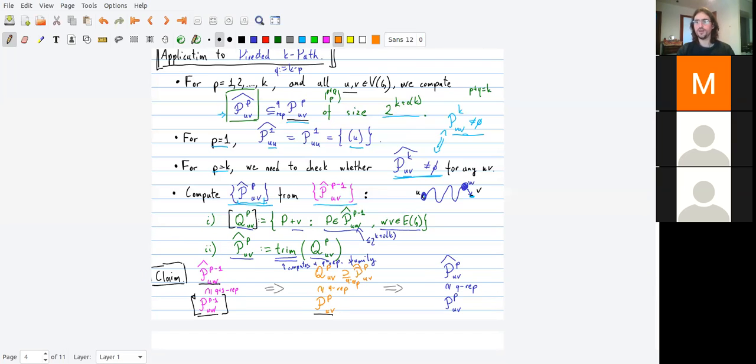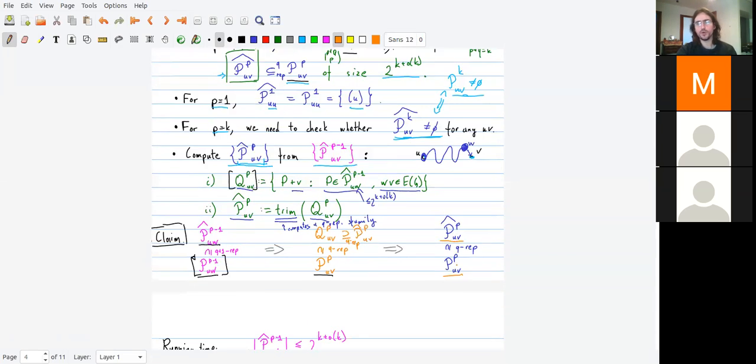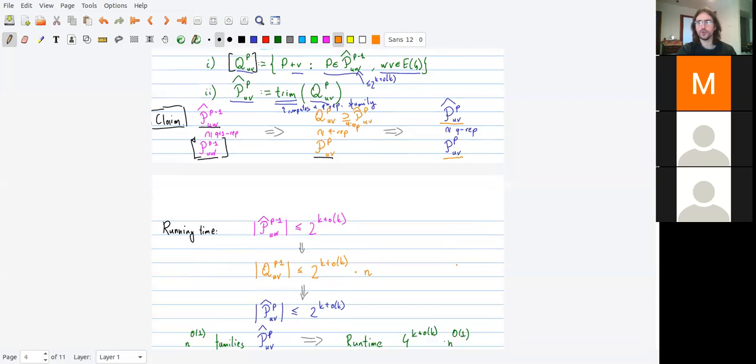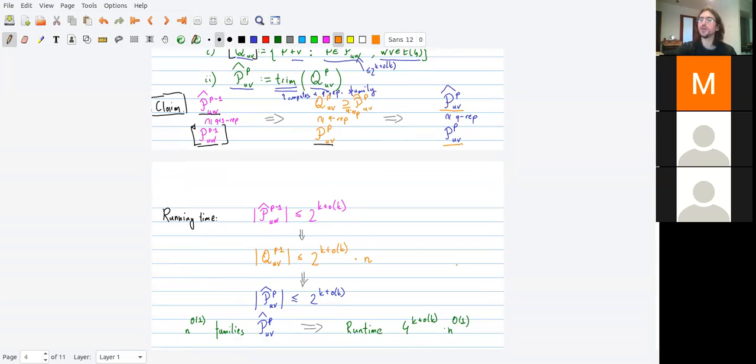So if P hat q-represents Q, and Q q-represents P, then this implies that my new family q-represents the family of all possible partial solutions of length p. Good. So this is how a single step of the computation works.